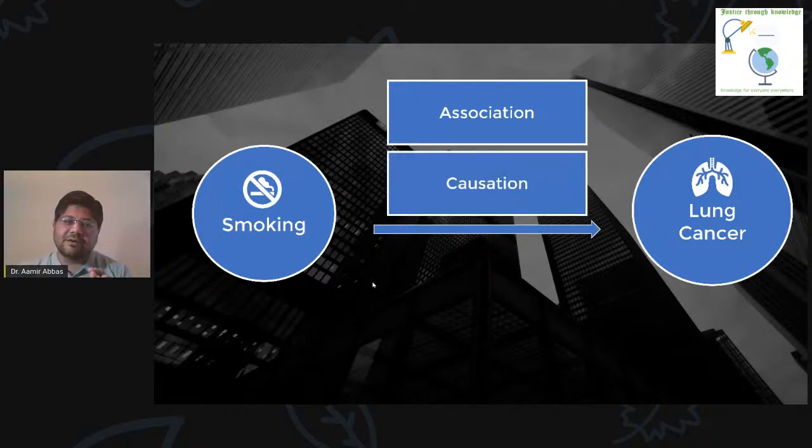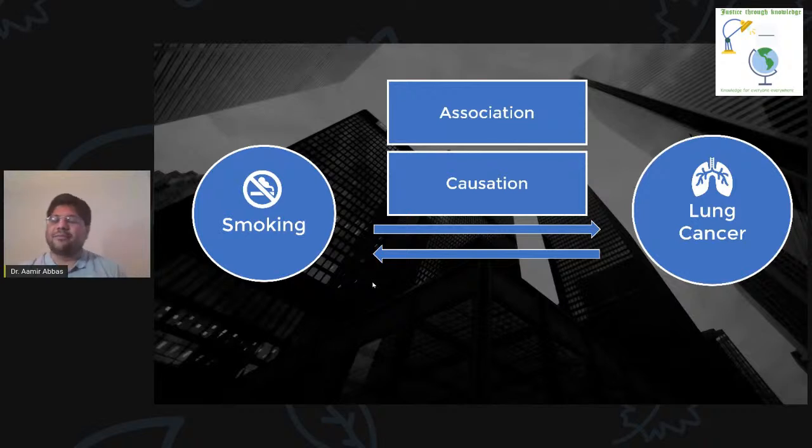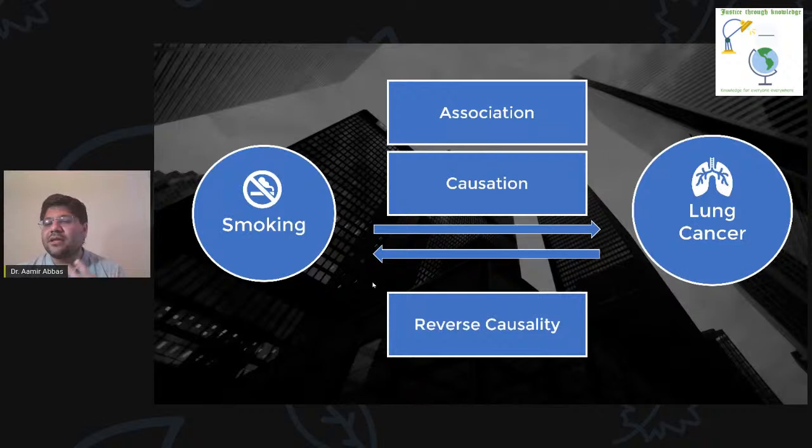That means that smoking causes lung cancer. That is one of the possibilities. The other possibility is that somebody got lung cancer and that person becomes extremely hopeless with his life, and they started to engage in all of the risky activities, including smoking. So that is the reverse causality.